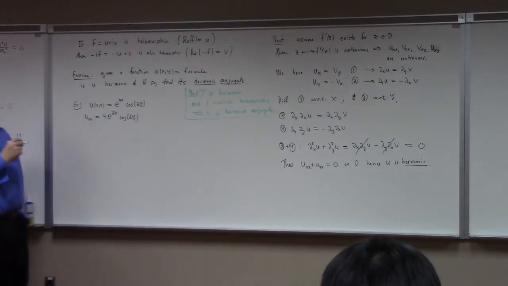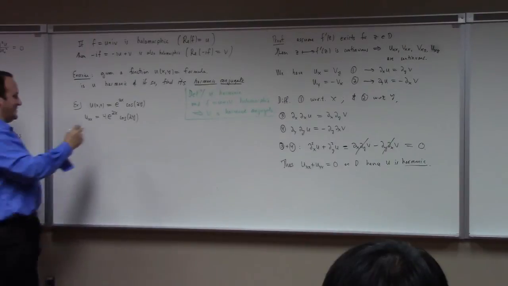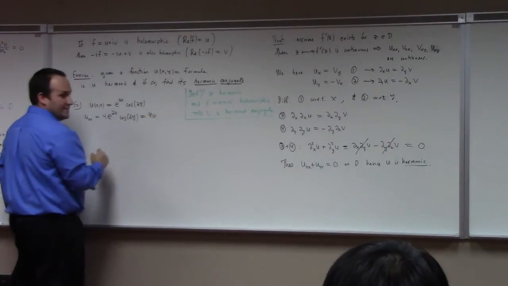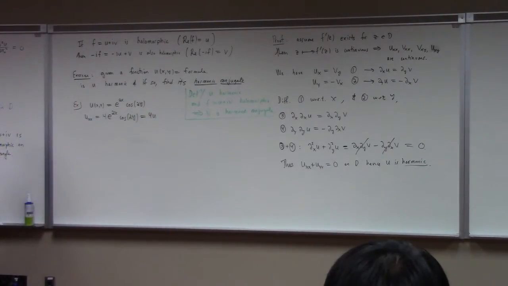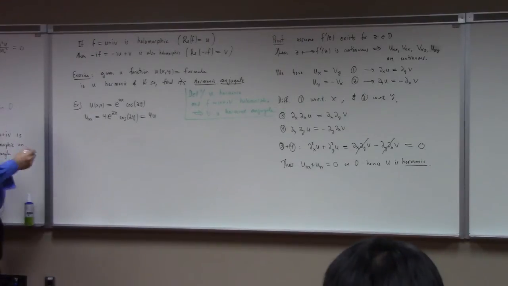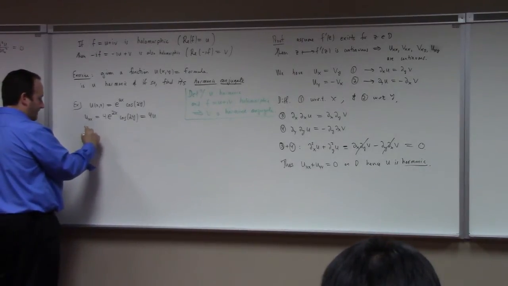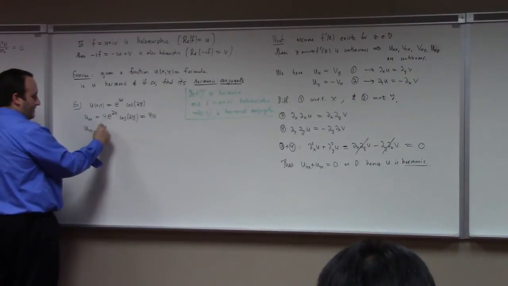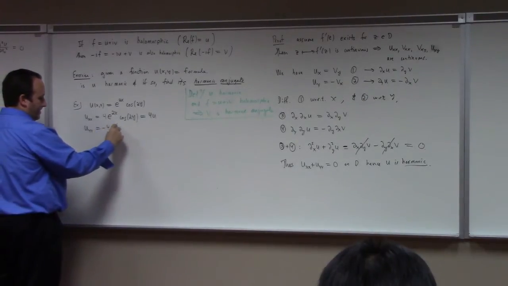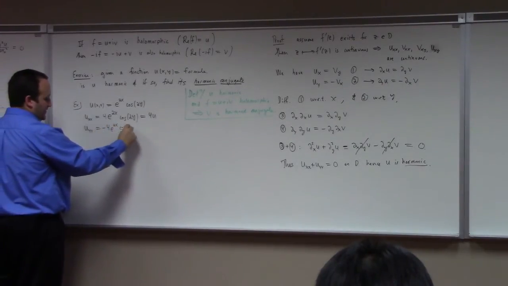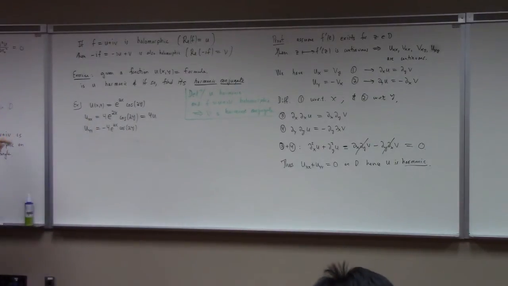Do you feel better? Is it better? But my point is, that's 4u. Okay. What's uyy? Because when you differentiate cosine twice, you go minus sine and then back to minus cosine. So you get the same thing but minus, but 2 chain rules, so 2 2's pulls out a 4.